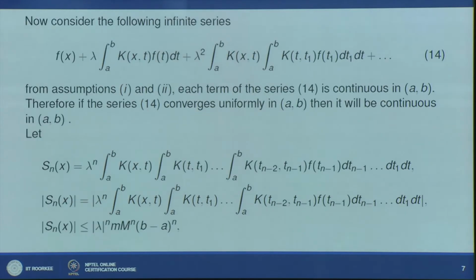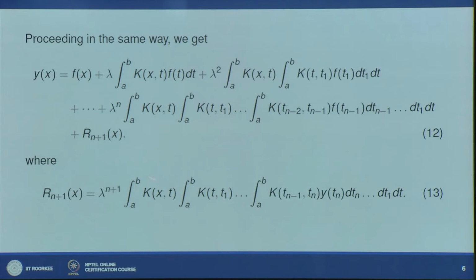If we keep on doing this, we can get an infinite series in terms of lambda for this y of x. So we can say that the solution of the Fredholm integral equation is given by y of x equal to f of x plus these many terms, provided that this series is convergent and this R n plus 1 of x is tending to 0.